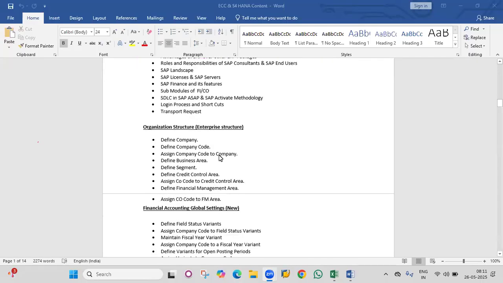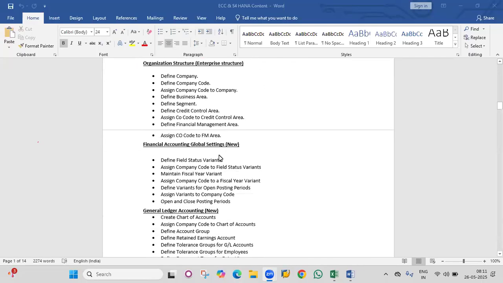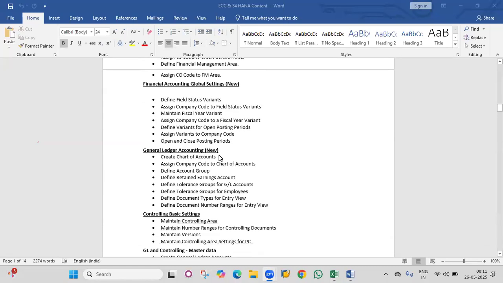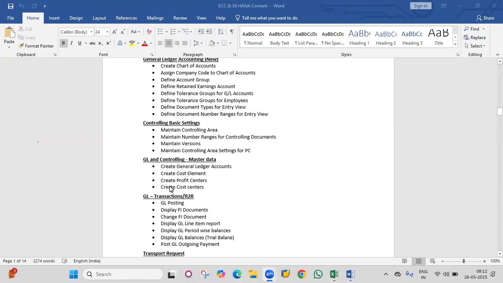We will be working on the organization structure of SAP, and we will see financial accounting global settings, the global configurations for financial accounting and general ledger accounting. General ledger accounting is the main ledger. In order to use the general ledger, we need to do certain configurations like chart of accounts, account groups, retained earnings account, document types, number ranges, and we will start with controlling as well.